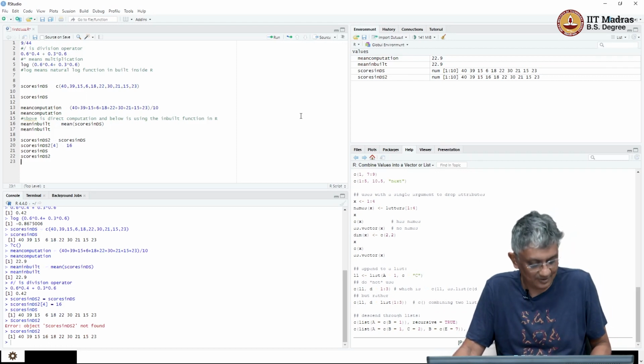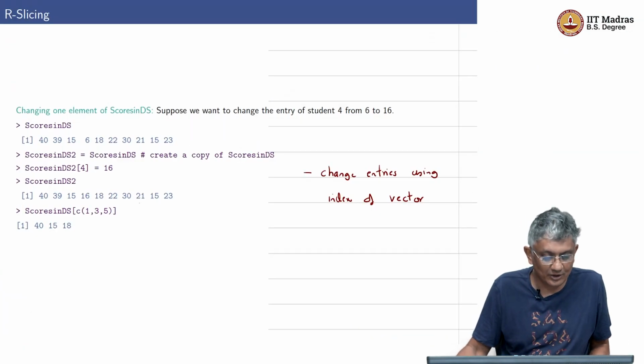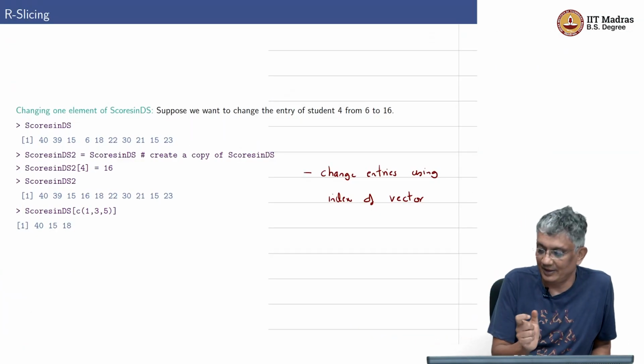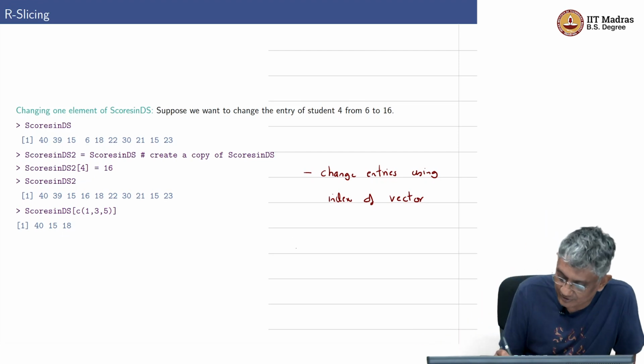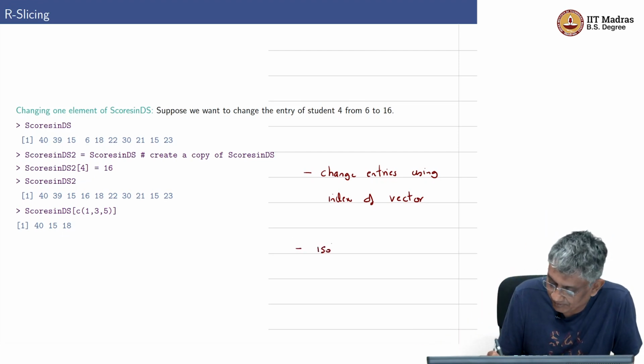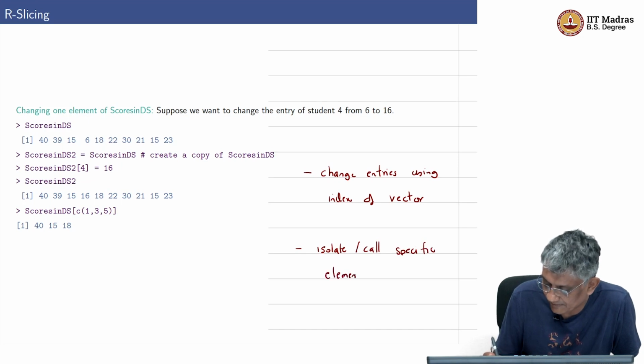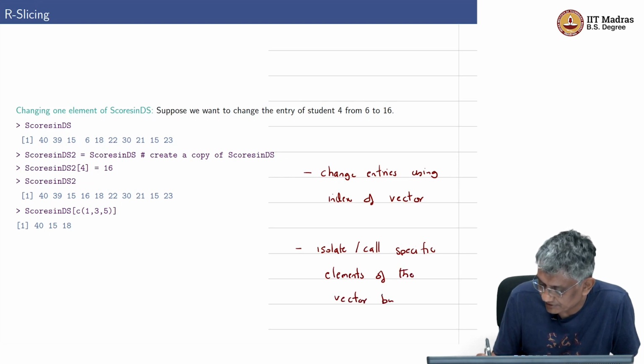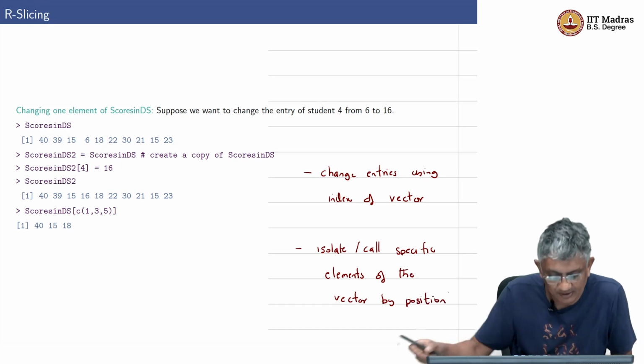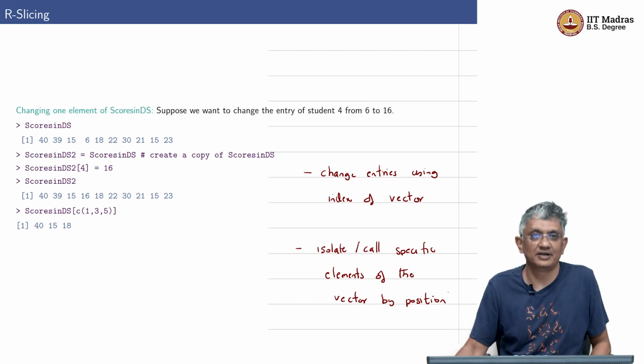So that changes the entry. Then you can also call specific elements of the vector by their positions. Let's say I want to know the scores of the first, third, and fifth student.